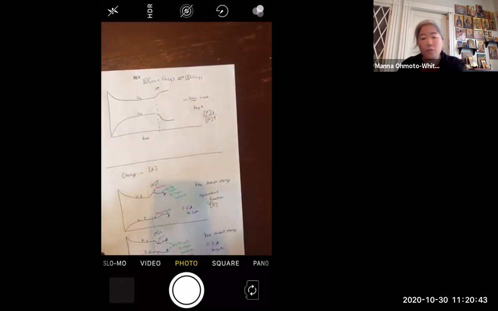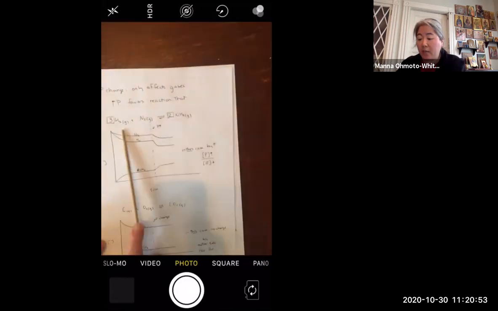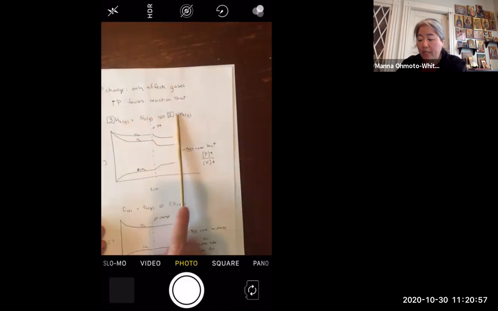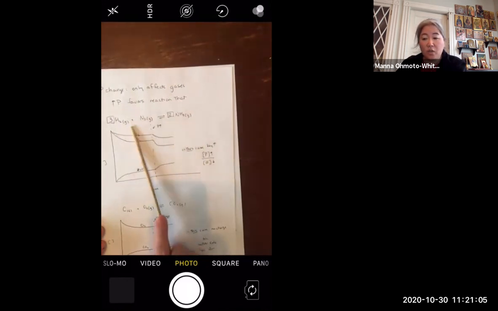So we use the terminology shift right, shift left in order to talk about which reaction occurs greater or which one is favored. So we simply are taking my reaction, and if I'm moving my reactants toward the products, like this case, so my forward reaction is being favored, we can also describe this as a reaction that is shifting right. I'm moving my reactants and creating products.